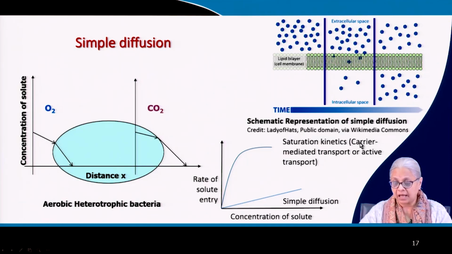And when you have carrier mediated, carrier meaning proteins, the transmembrane proteins are the carriers, and these carrier mediated transport or active transport will allow a much higher rate of solute entry. So the solute, which may be glucose or any other organic molecule, will have a very high rate of solute entry. So this is the graph that you're likely to see. And this is saturation kinetics.